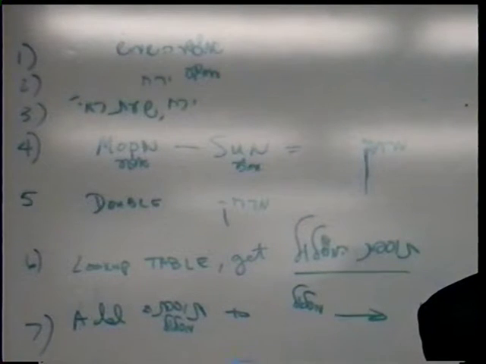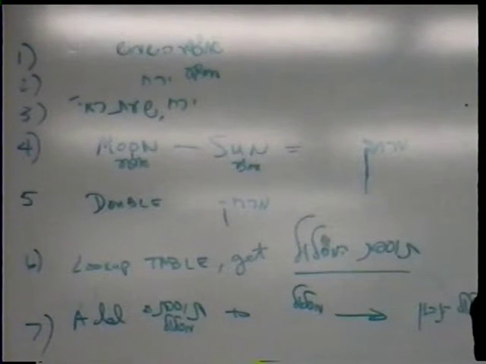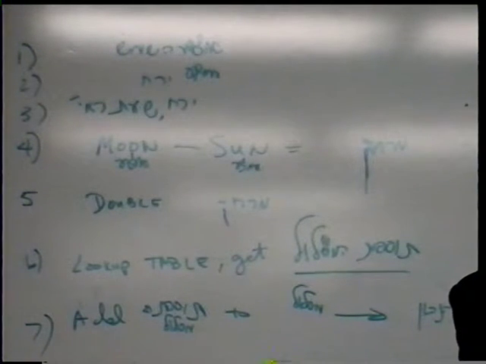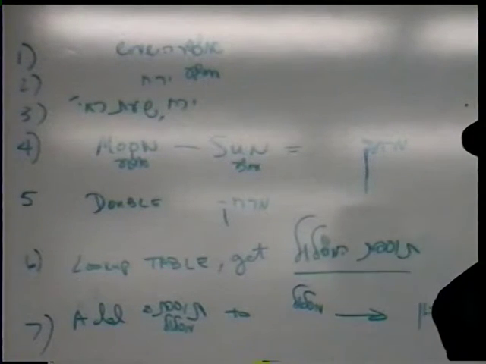Each degree moves the maslul by how much? A little bit less than 1. For 10 degrees of maslul, the mana decreases by 9 chalakim. So every degree it's going down by 0.9, right?